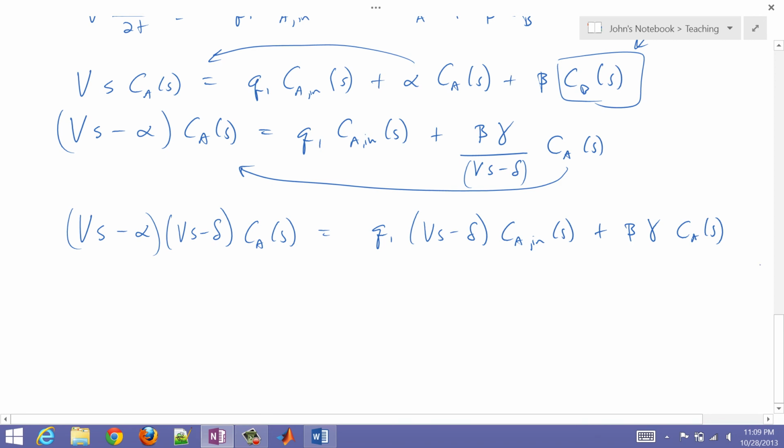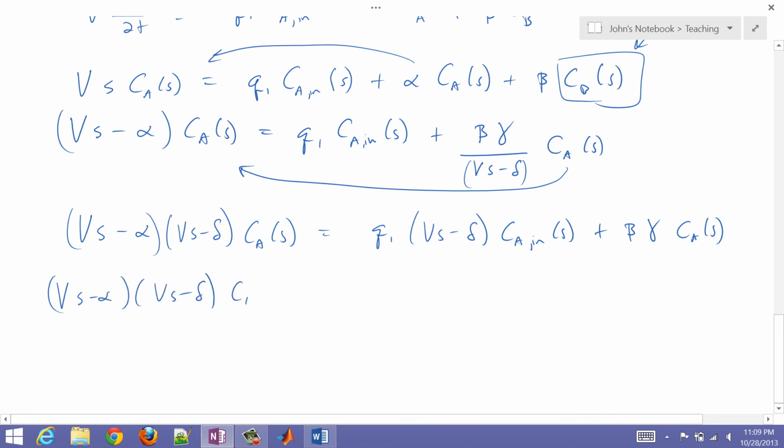I'll subtract that over and then divide it through to get my transfer function between CA in and CA. Let me do this quickly.